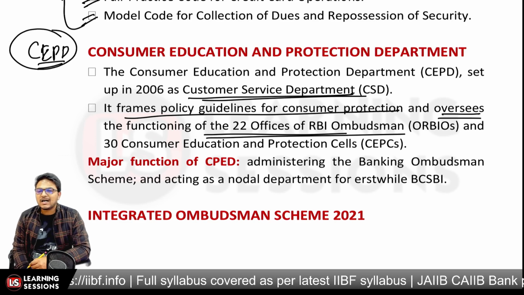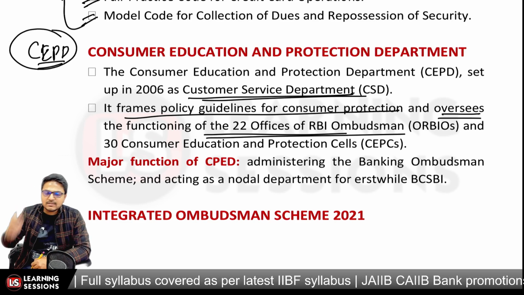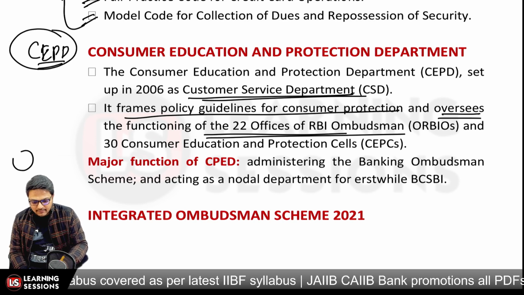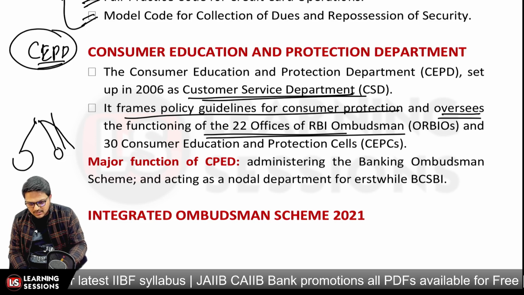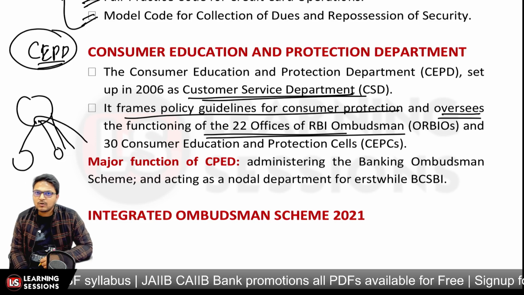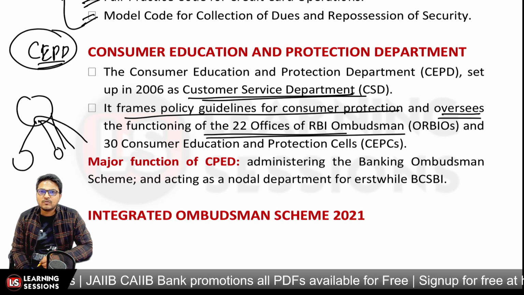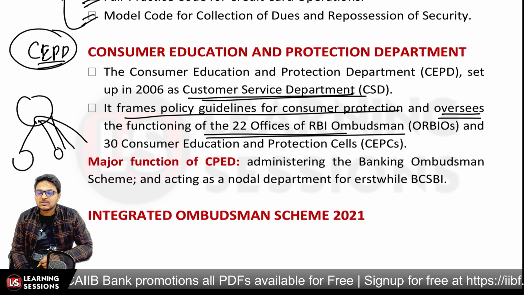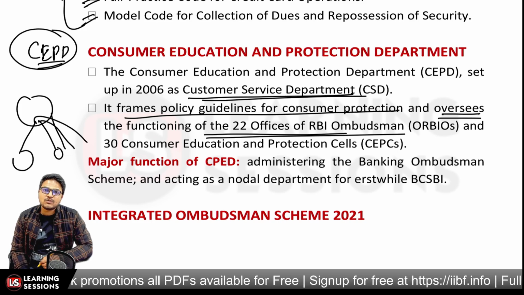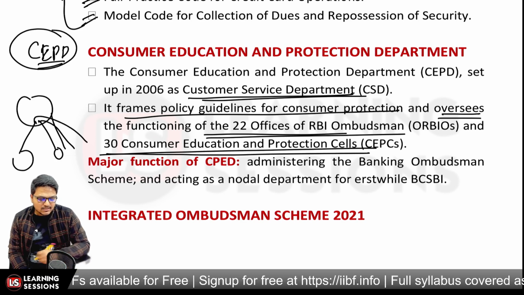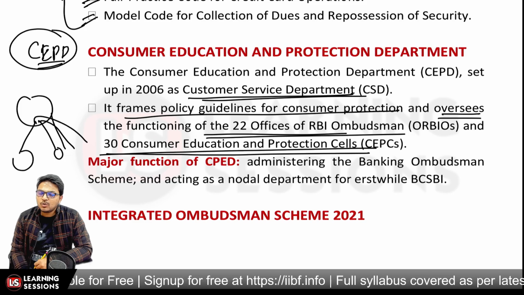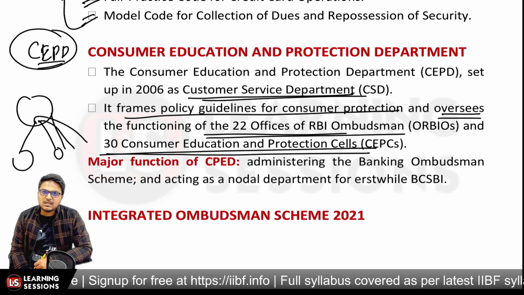Let's say there are different ombudsmen, so the functions within their particular jurisdictions are overseen by CEPD. And further it also looks after the 30 consumer education and protection cells. So all the 22 ombudsman offices and 30 CEPCs are looked after in total by CEPD, right?